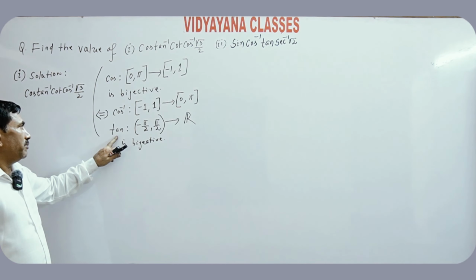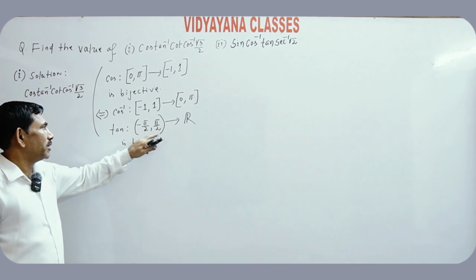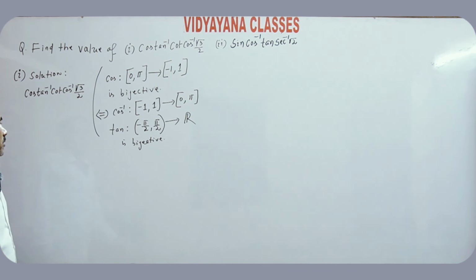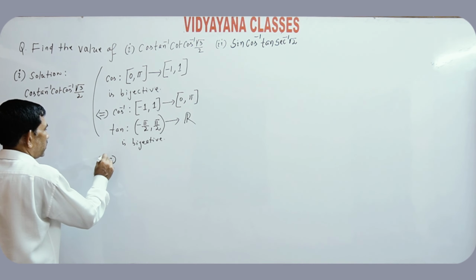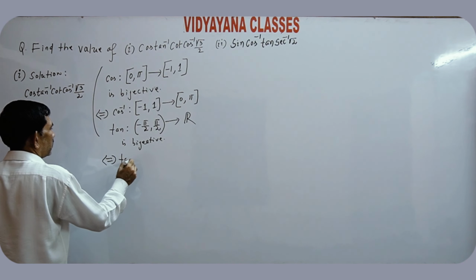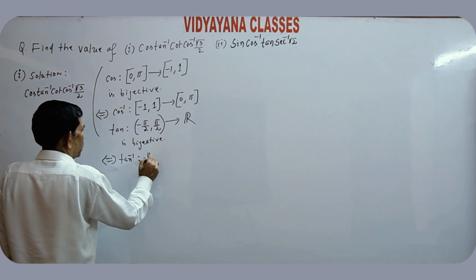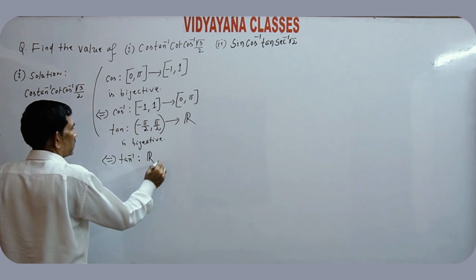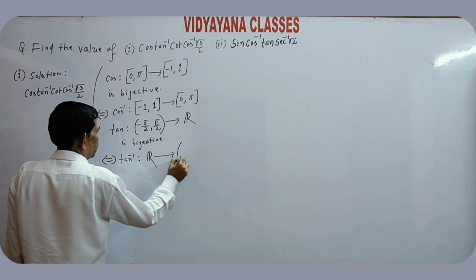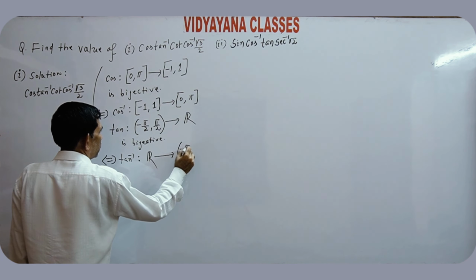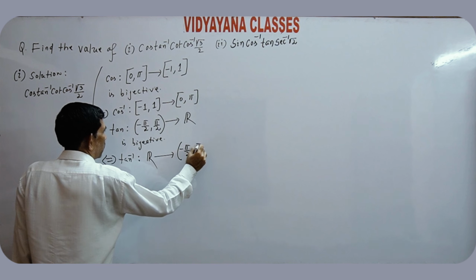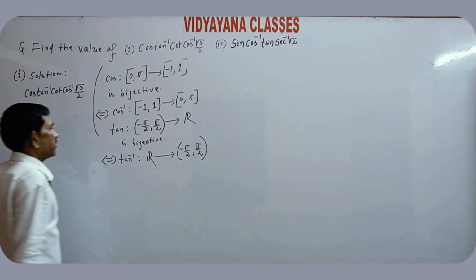Tan is bijective when it is defined from this set to this set, so its inverse exists, and tan inverse is defined from the set of real numbers to the open interval minus pi by 2 to plus pi by 2.